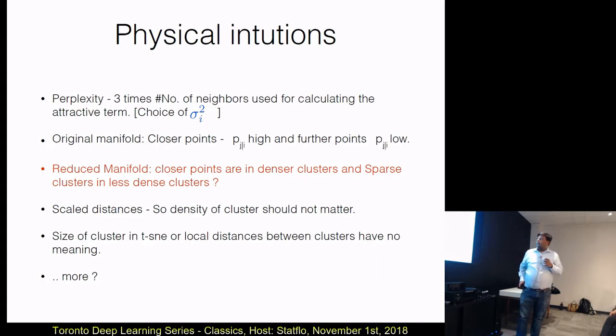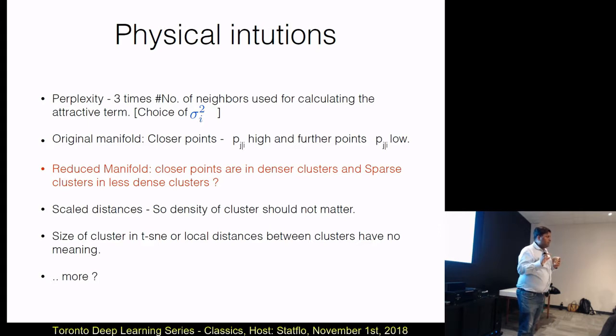First one is the perplexity number. For a really long time I had trouble understanding what this is. What t-SNE does is it calculates attractive forces and repulsive forces between pairwise points. If you don't do anything special, every attractive and repulsive calculation goes as order n squared, because you are calculating for 2 points against all the n points.